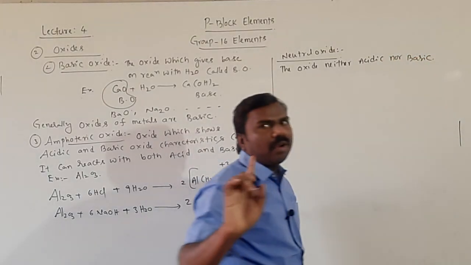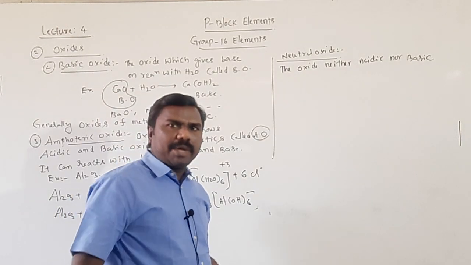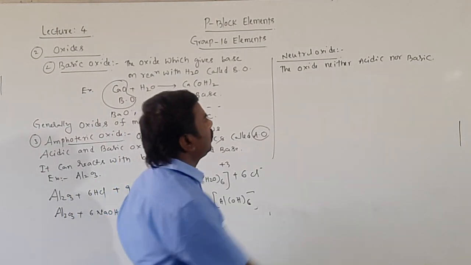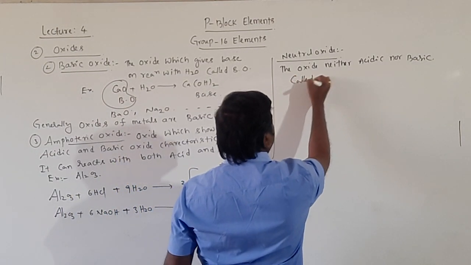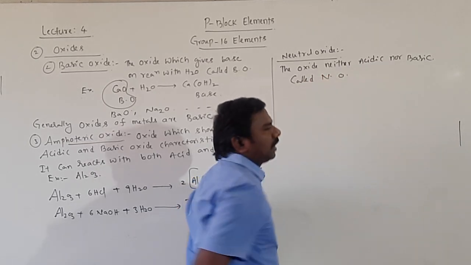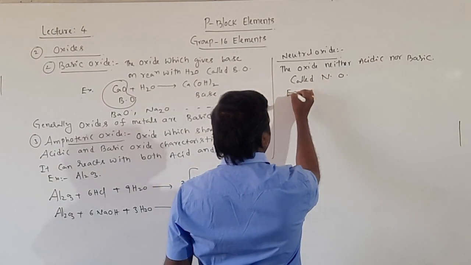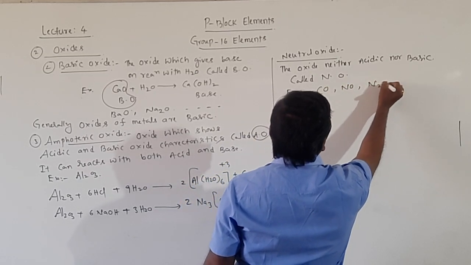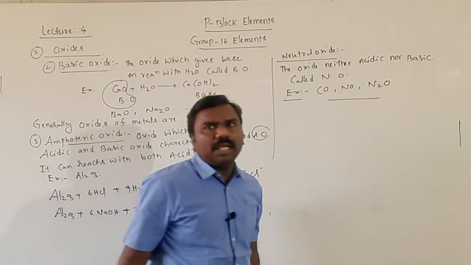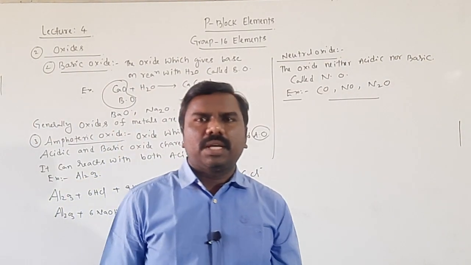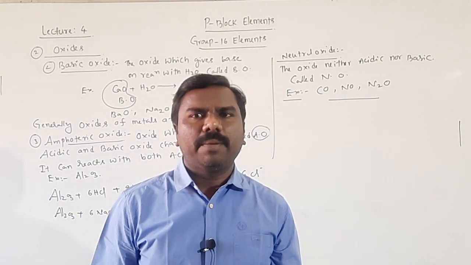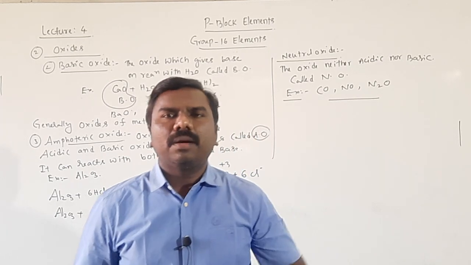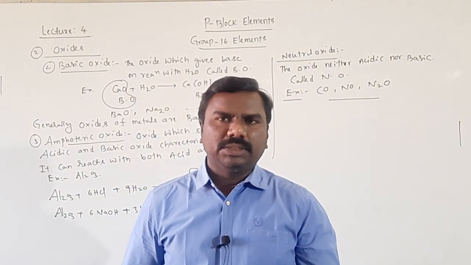It means it cannot react with acid and base. Examples are CO, NO, N2O. These are the examples for neutral oxides, very, very important. Okay, now this is the second compound of our oxygen.